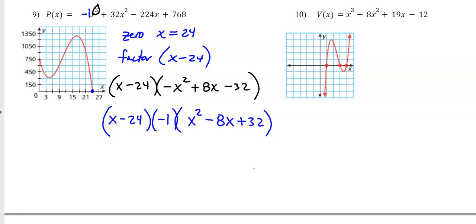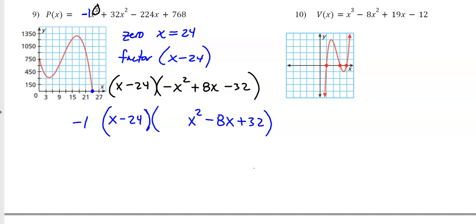You really should yank that negative 1 out of there. Typically when I yank a negative 1 out, I usually just pull it all the way out to the front and just put a negative there. But the big thing I want you to understand is the graphing part.